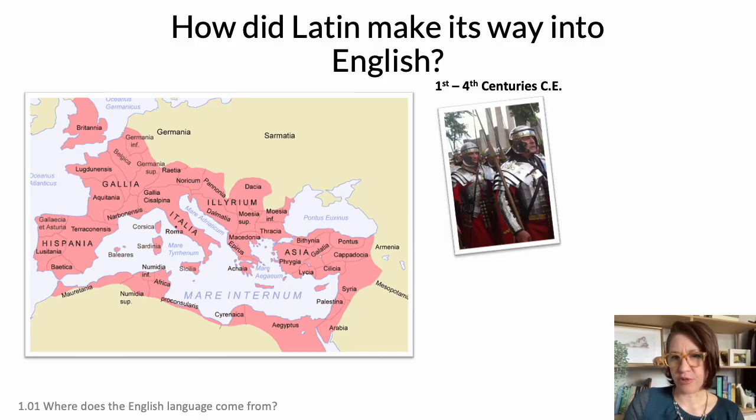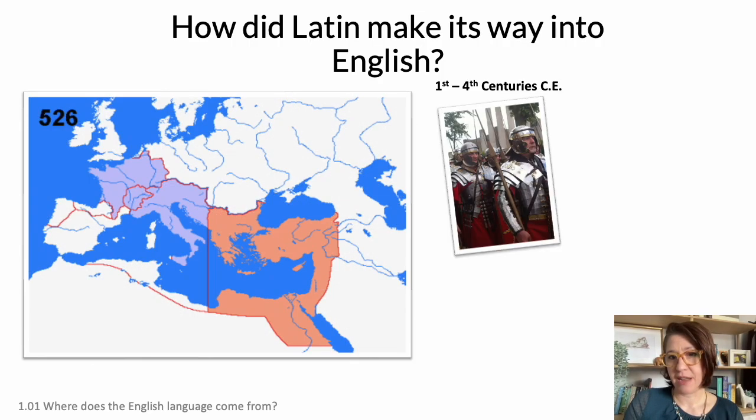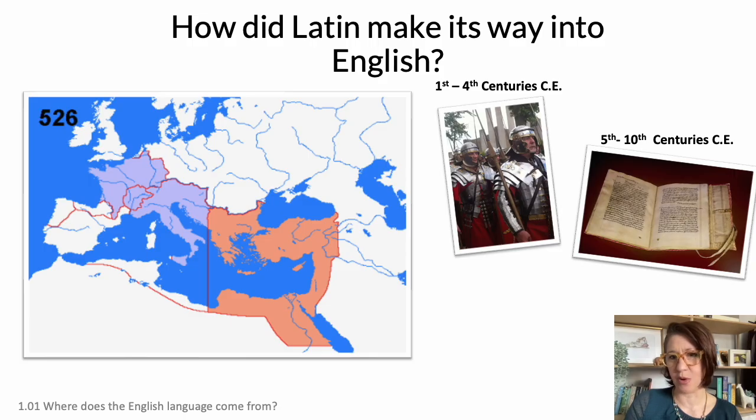But by the 5th century CE, the Romans were having problems in the mainland European part of their empire, so they abandoned Britannia. In moved the Anglo-Saxons with their very different language, and the only place you'd have found Latin would have been in books or in churches, but not spoken by the average person on the street.